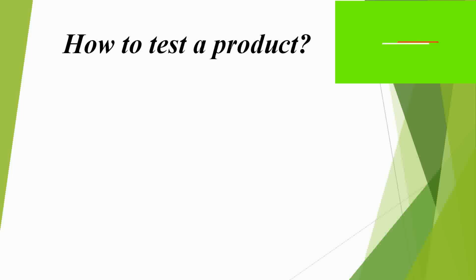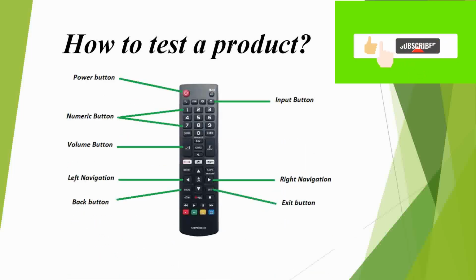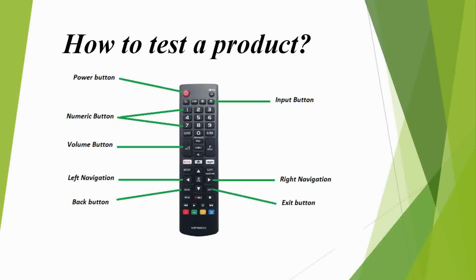Now next point, how to test a product. Here I have considered one remote which is of an LG TV. I'm going to tell you how we can test a product. For example, suppose I have bought the remote of an LG TV and I am going to test this remote. How will I do that?